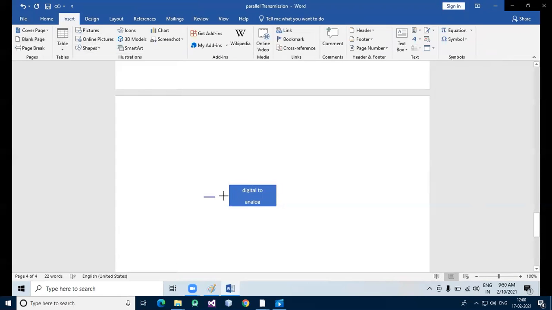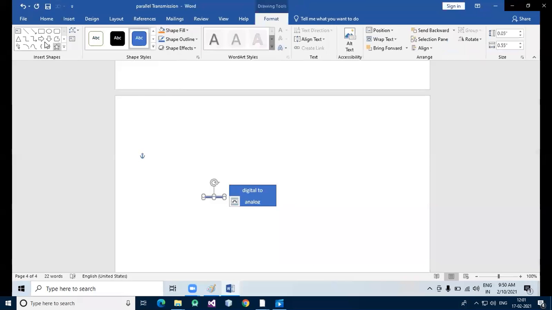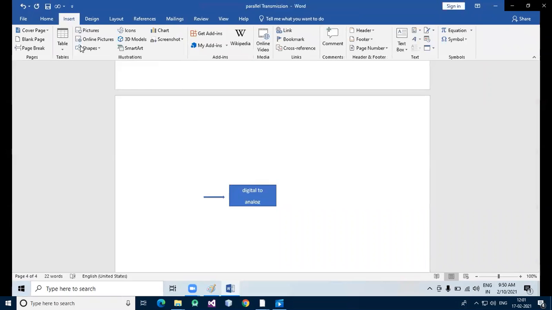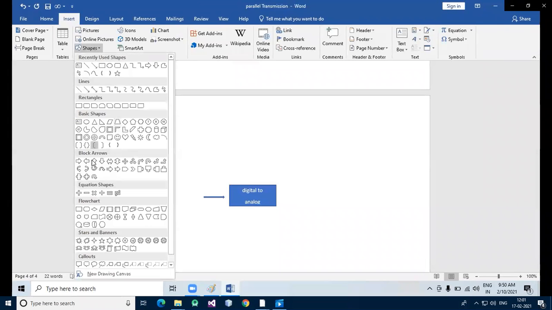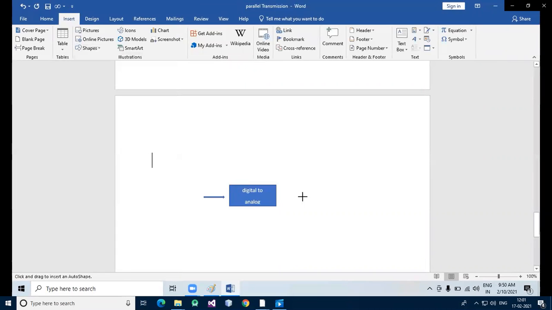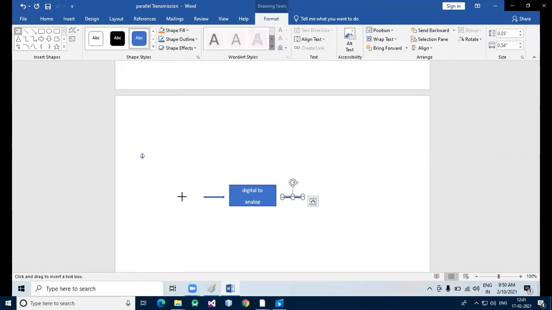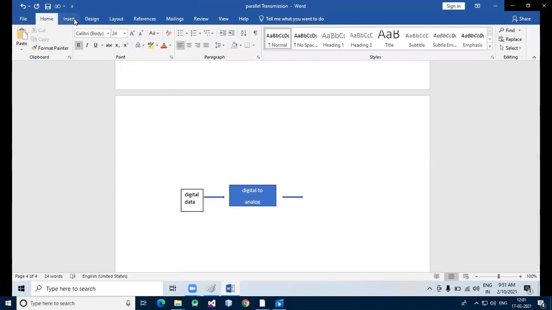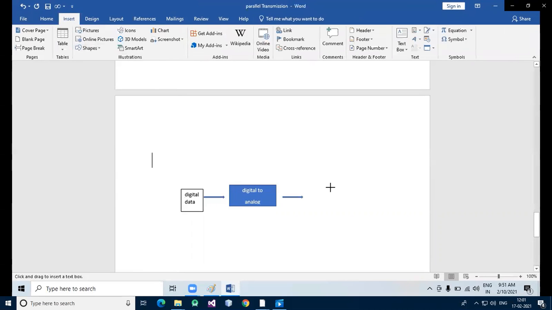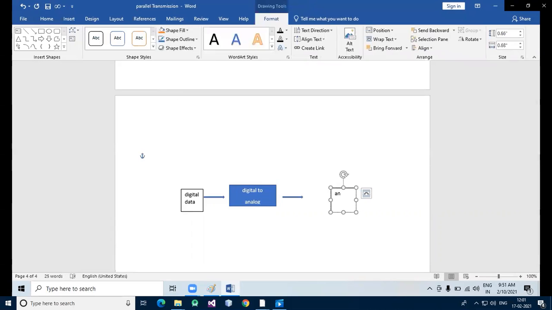You know the meaning of digital and analog, right? We have already seen the difference between analog and digital signals at the starting point. So this is the digital data, and this is the analog signal.